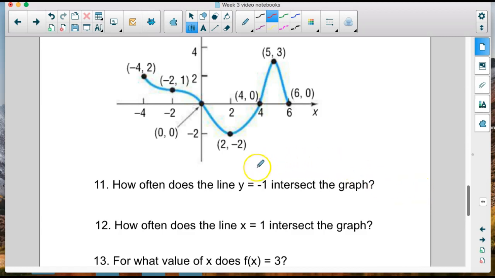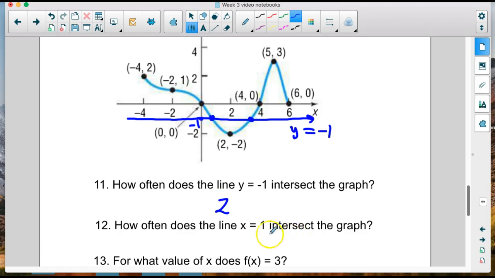All right, now we have a couple more questions about intersecting of lines and the graph of the function. This one asks, when does it cross the line y equals -1? Well, the line y equals -1 would be a horizontal line through -1 right here. So if we drew that line, it would cross the function twice.